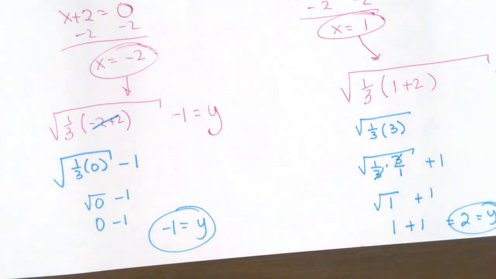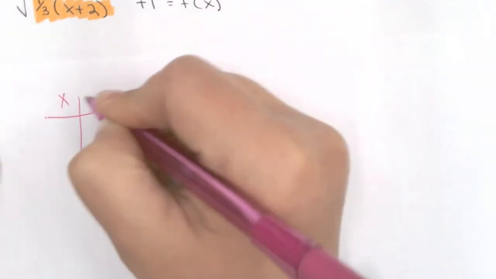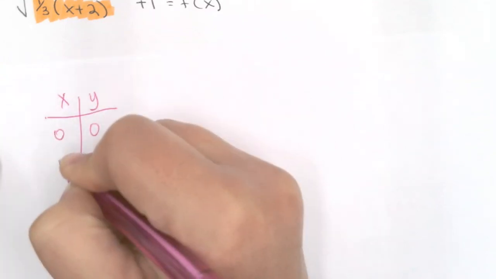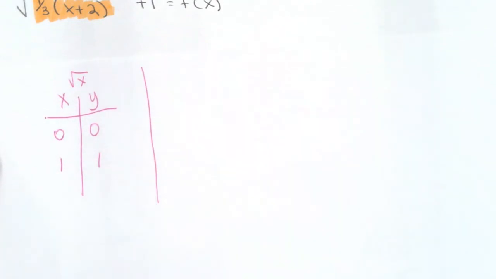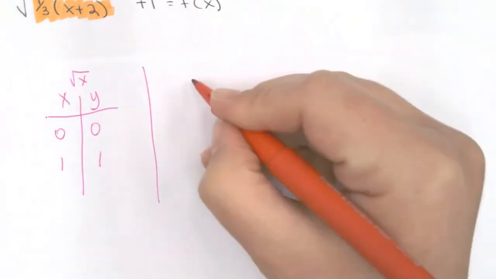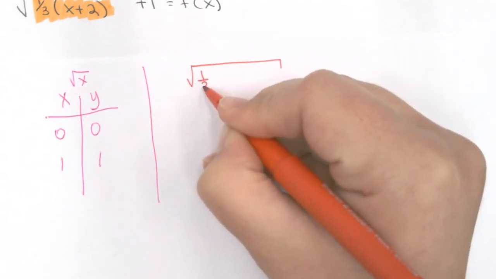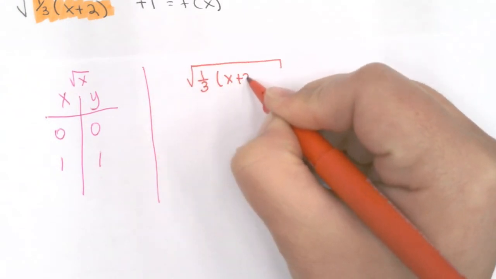So what does that look like when we sketch this out, when we graph? Let's do that really quick. Let me shift this up. Do a little t-chart. Here's x, here's y. We have 0, 0, and 1 as our parent function, the square root of x. Our transformed function looked like f of x equals the square root of 1/3 times x plus 2, plus 1.